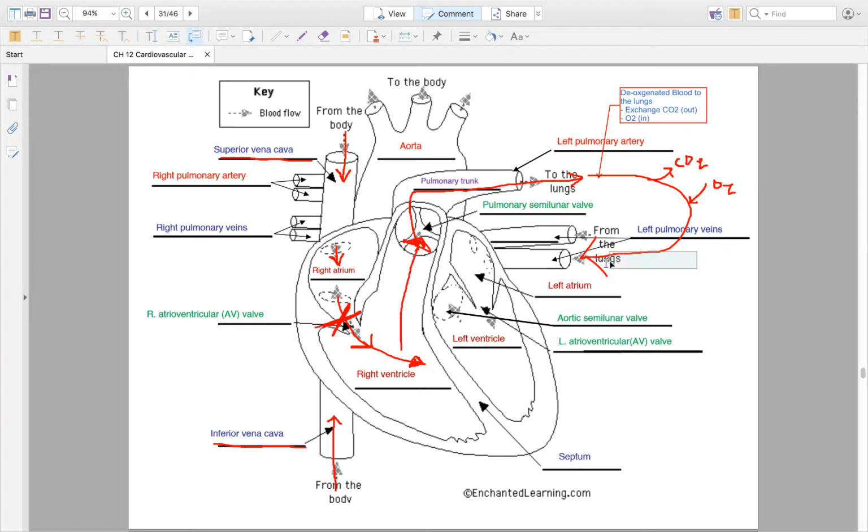The blood that's coming in is oxygenated, and this is an incredibly important point. Okay, this is also referred to as O2 rich blood.